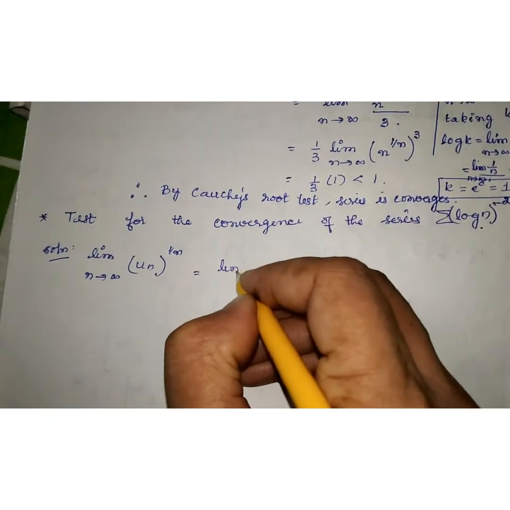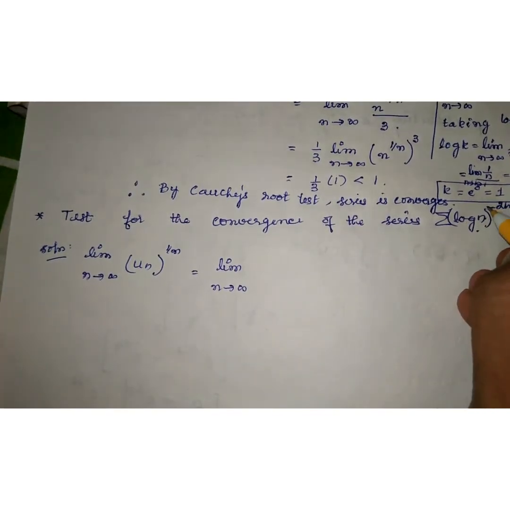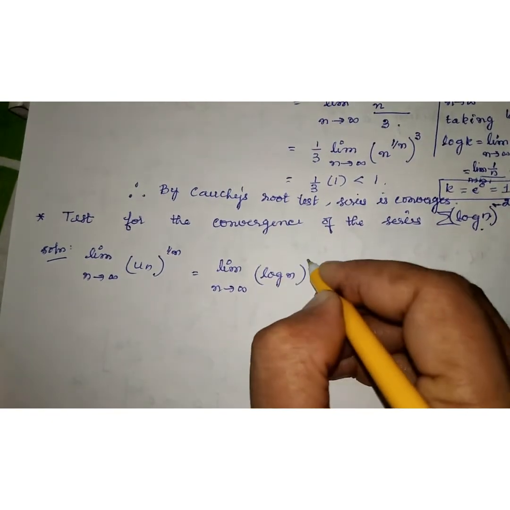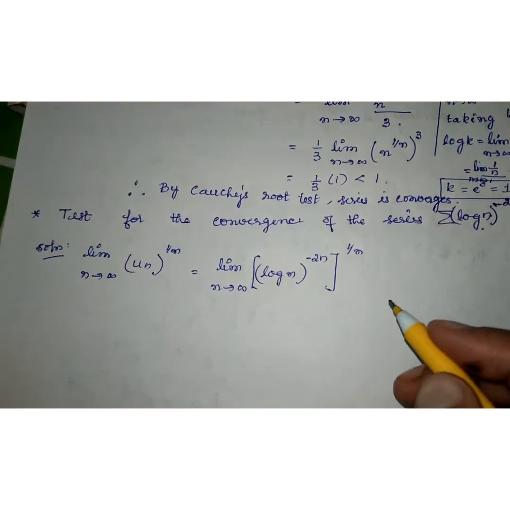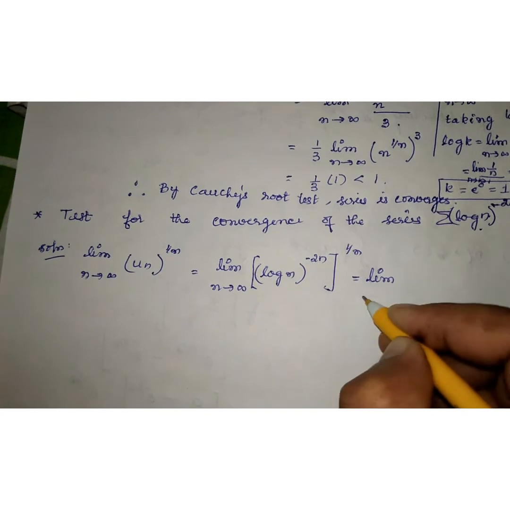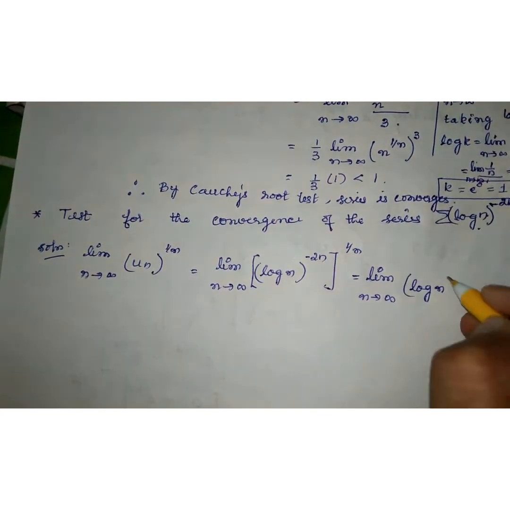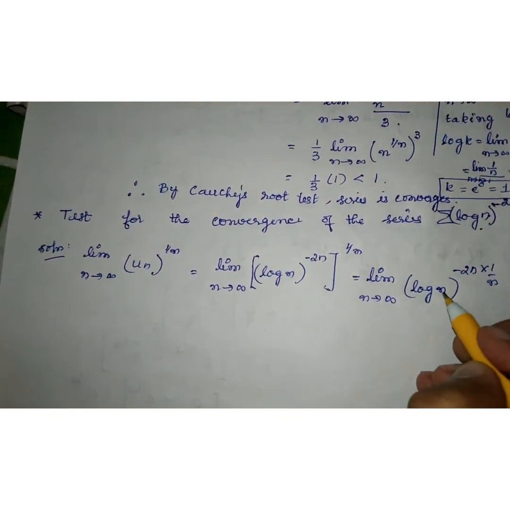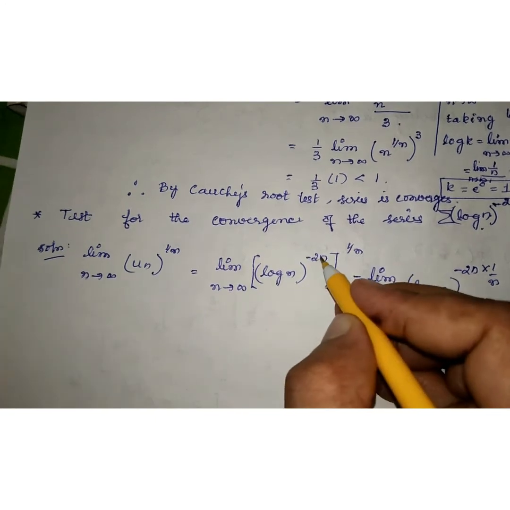So un is here log n to the power minus 2n, so it is log n to the power minus 2n, whole to the power 1 by n. Here it is limit n tends to infinity log n to the power minus 2n into 1 by n. It is nothing but a to the power m, whole to the power n, which is a power mn.